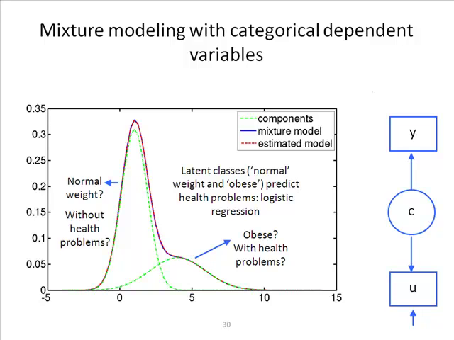I'm interested in, do the people who get categorized in the latent class that I call obese then develop other kinds of health problems? So I can do this jointly. I don't have to model this separately to get the latent class membership, and once knowing the latent class membership, then put that into a separate model. I don't have to create separate models. I can just do that all in one step. So it estimates all these parameters jointly.